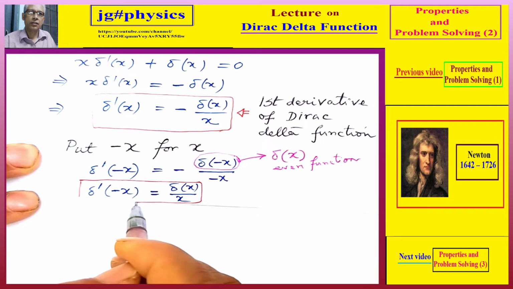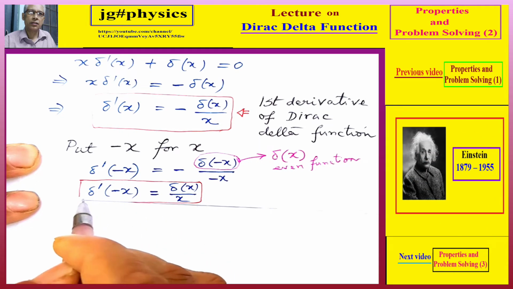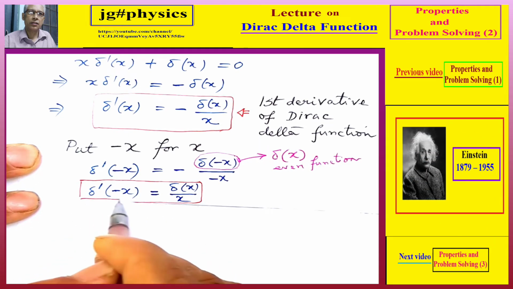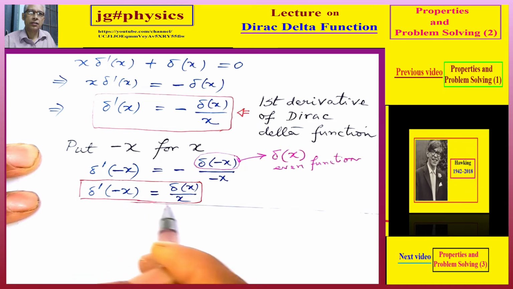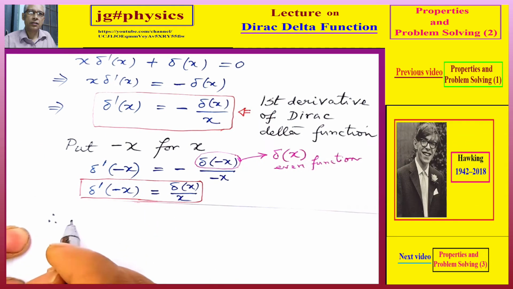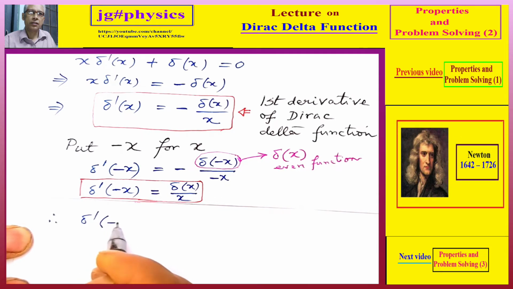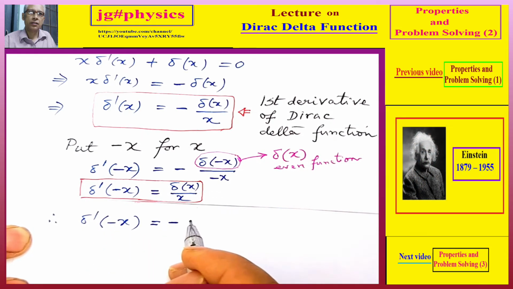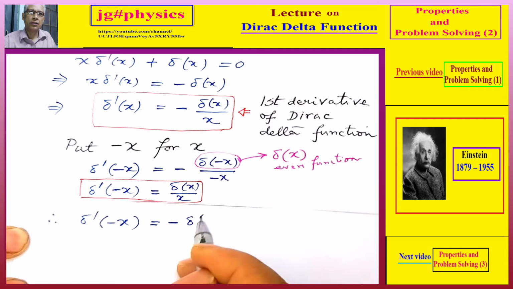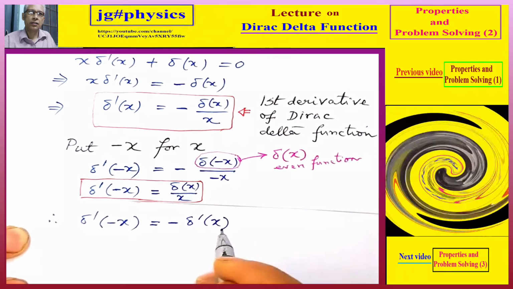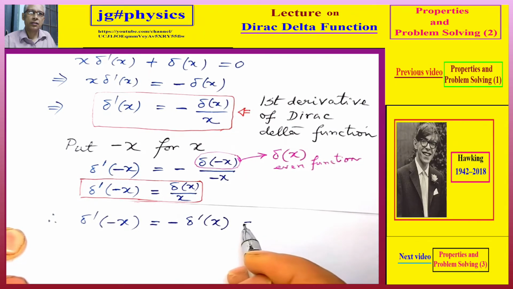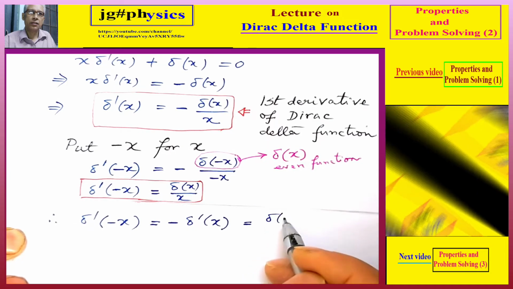So we end up with delta prime of minus x to be equal to minus of delta prime of x, their value being equal to, as we have shown, delta of x by x.